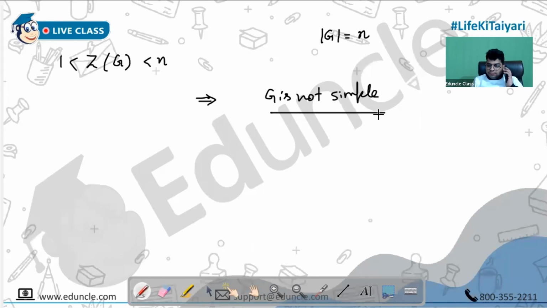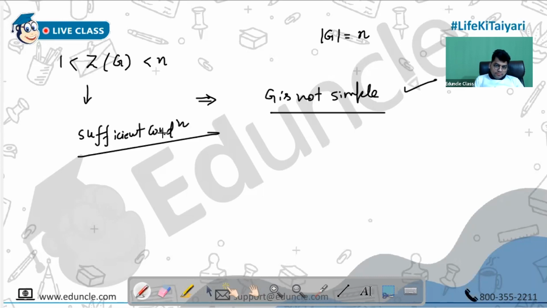G is not simple. This is called a sufficient condition. Is it clear?